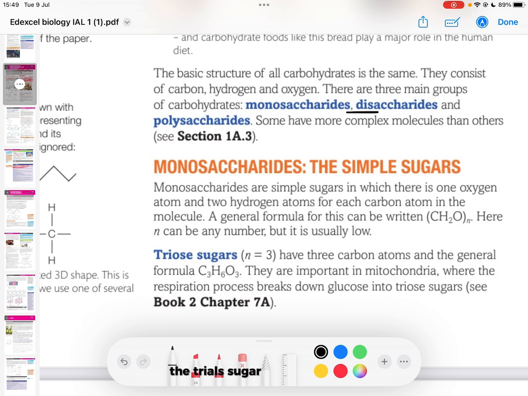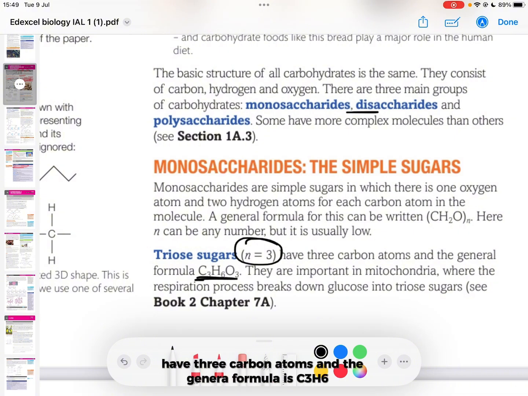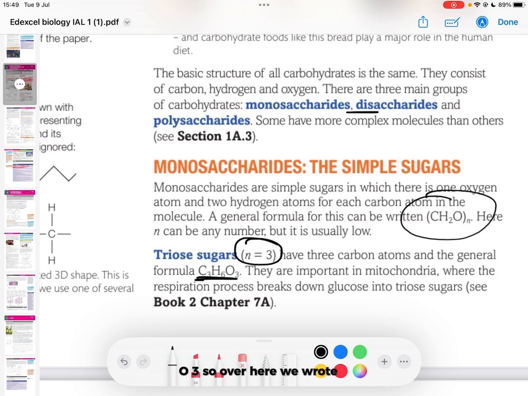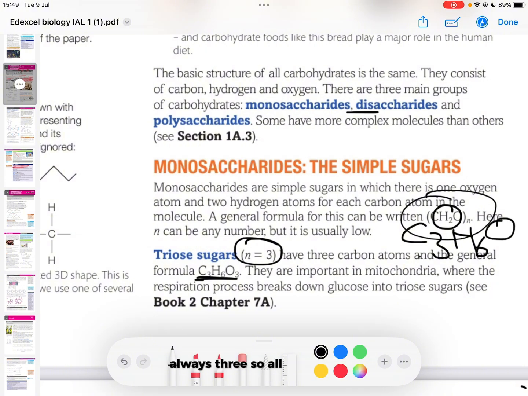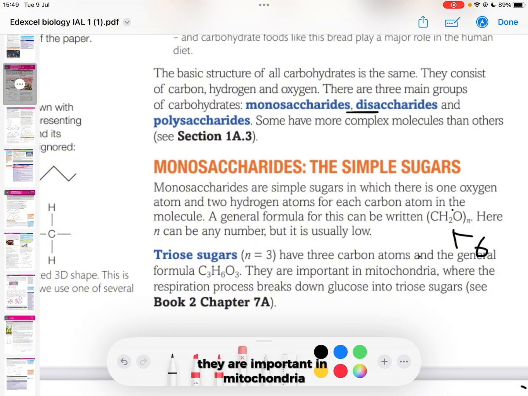Okay, the triose sugar, which is the n equals 3, has 3 carbon atoms, and the general formula is C3H6O3. So over here, we wrote C3, so H is 2 times 3, which is 6, O is 3, so O3, it's the same, correct. They are important in mitochondria, where the respiration process breaks down glucose into triose sugars.